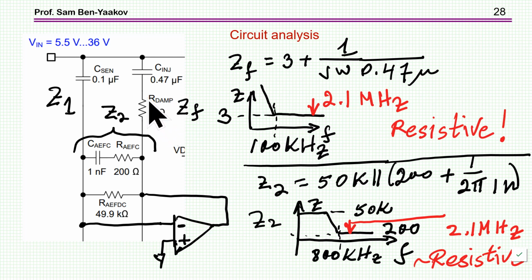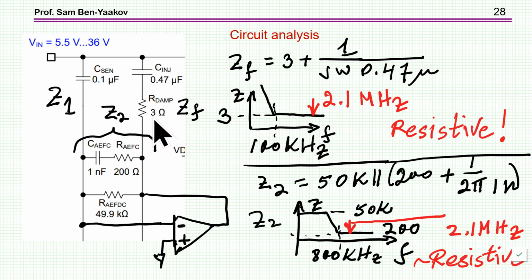Now obviously at low frequency you see 0.47 microfarad, but as the frequency goes up, of course there is a breakpoint here at which the impedance of the capacitor equals that of 3 ohm, and beyond that it is 3 ohm, because the capacitor is like a short with respect to the 3 ohm. And as it happens, this breakpoint is 100 kilohertz. So we are working here at 2.1 megahertz, which means that in our operating region of frequency, this is a resistor.